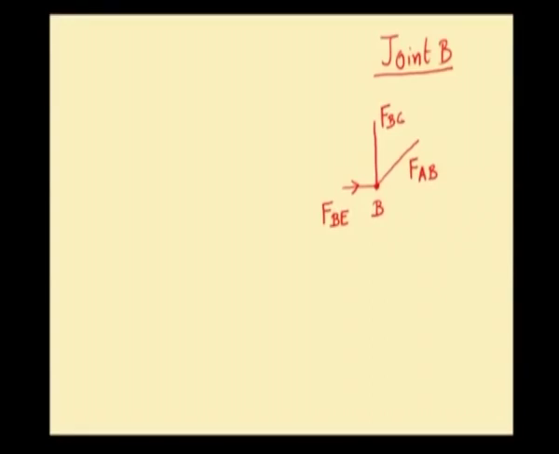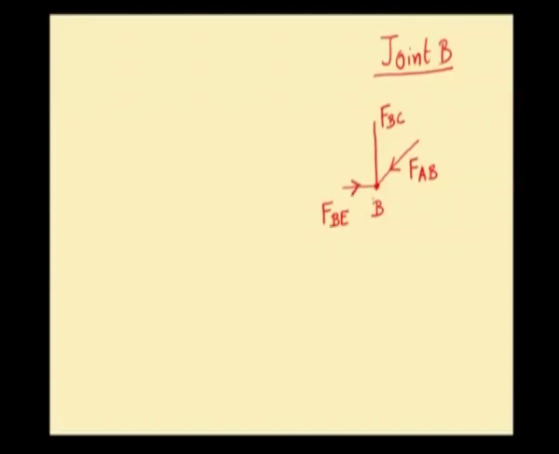Three member forces at joint B are FAB, FBC and FBE. Already we have found out the magnitude of the force FAB, which is compressive. The nature of force in the member AB is compressive, hence arrowhead should point towards the joint B. Now, I am assuming that the force in member BE is also compressive in nature.